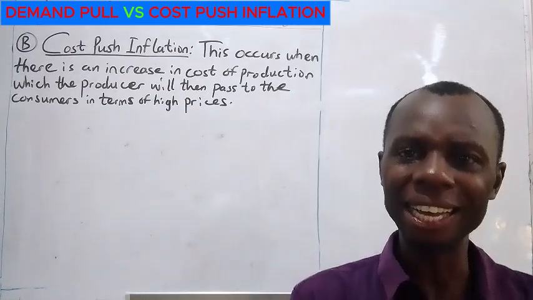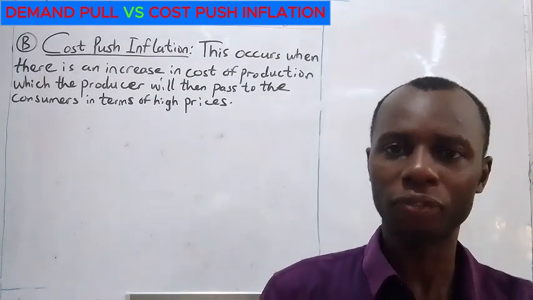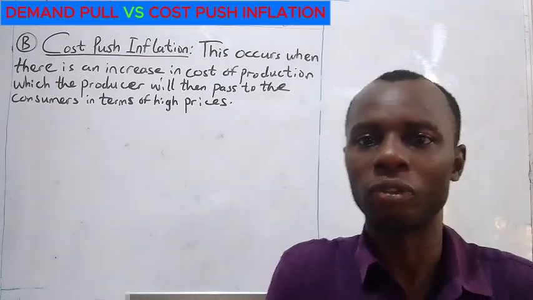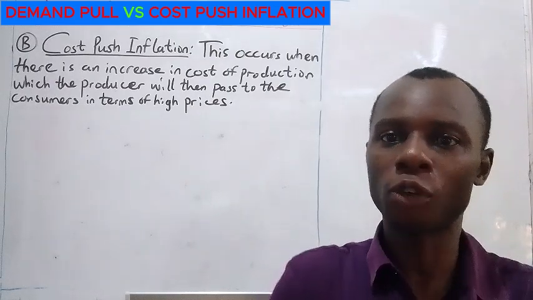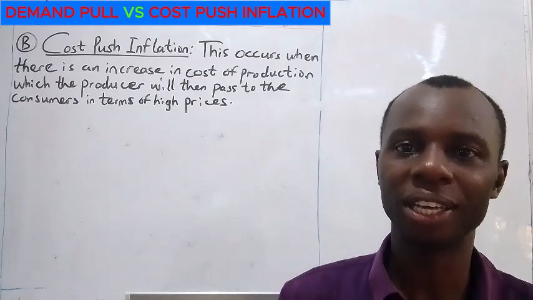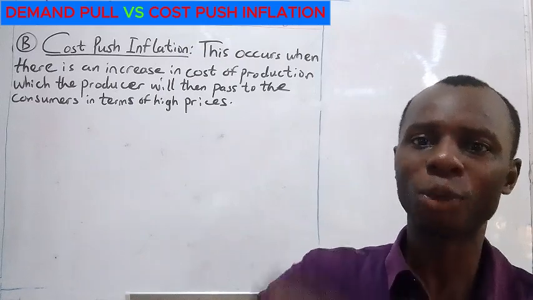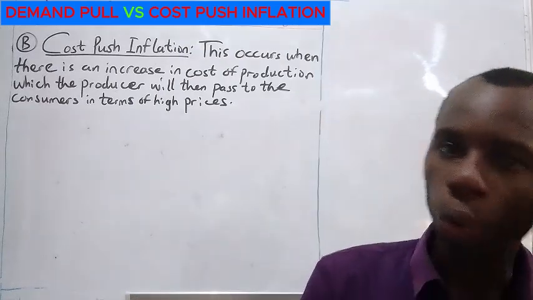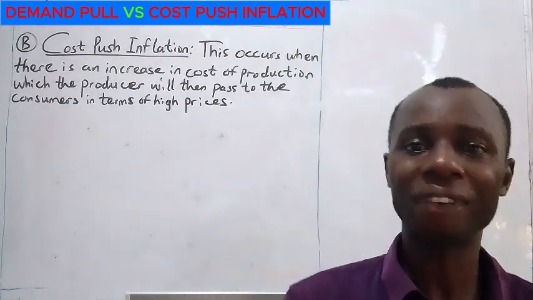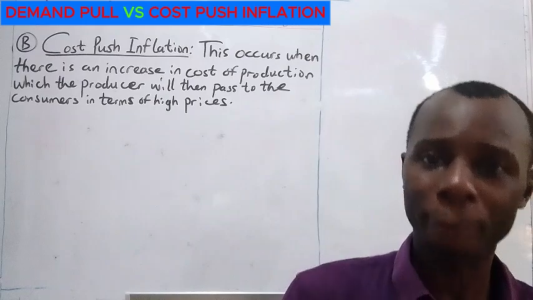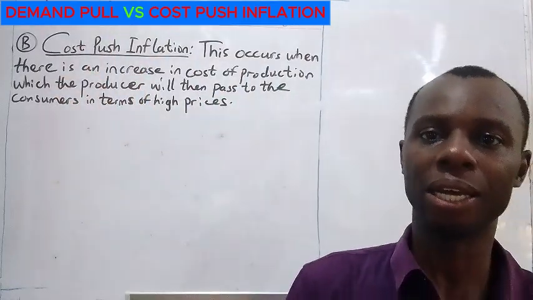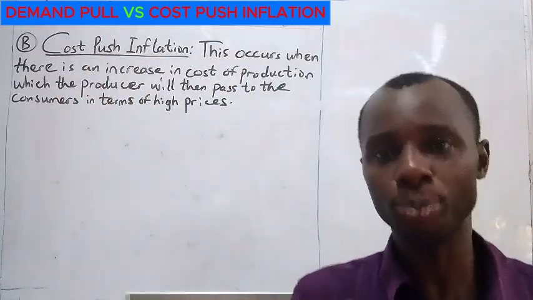Now, if there is an increase in these factors of production, such as labor, the wages they are paying to labor, an increase in raw materials, an increase in machinery, they have no other option than to pass this burden to the consumer. So whenever this burden is passed to the consumer in terms of high prices, which means the price has increased in the economy, this will lead to cost push inflation.